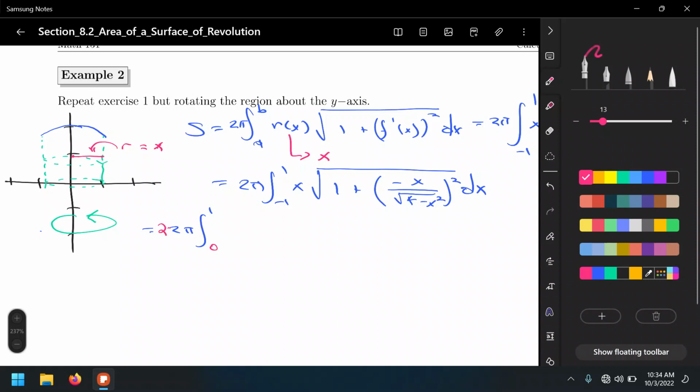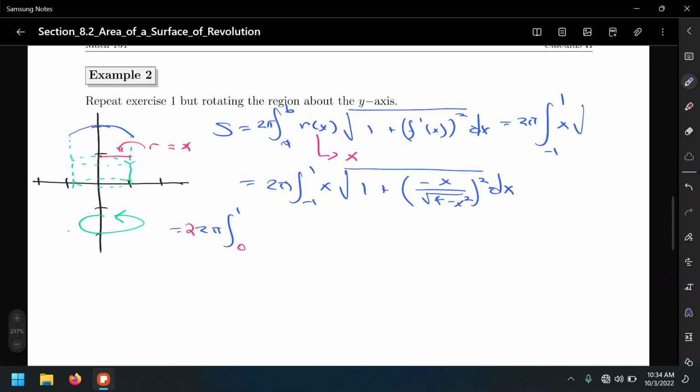We can do that at any time in the process. We don't have to wait until we have a simplified integral. So that's x times the square root of 1 plus x squared over 4 minus x squared.